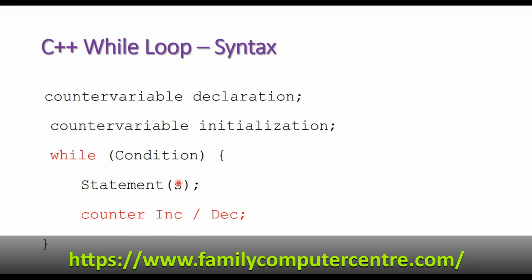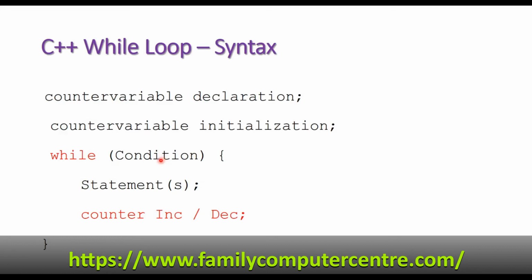Then you have to increment or decrement the counter, depending on the condition you specify. Without this counter increment or decrement, the while loop will become an infinite loop. That means the loop will never stop running. So incrementing or decrementing the counter depending on the condition is really important.